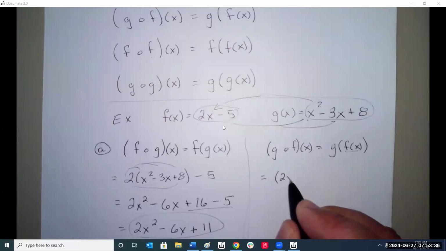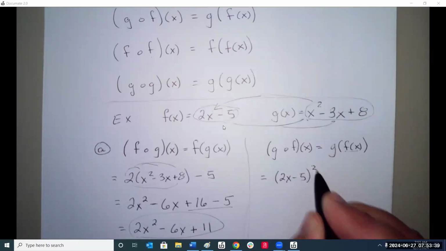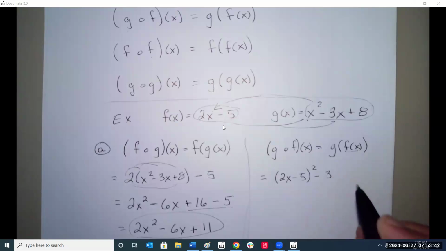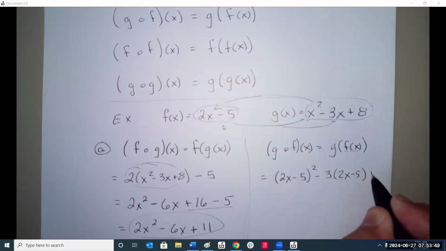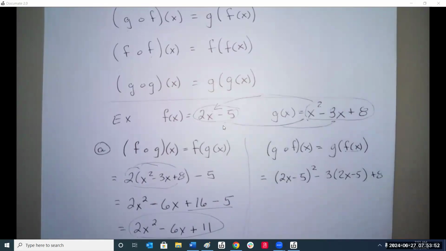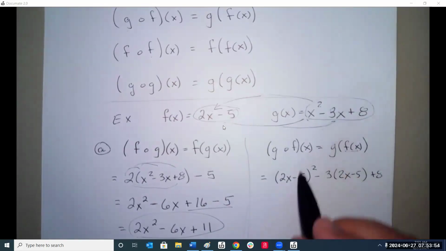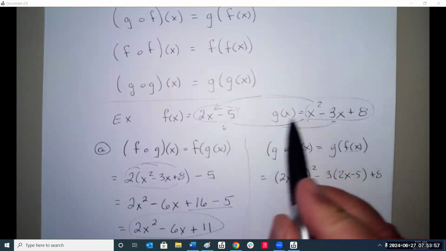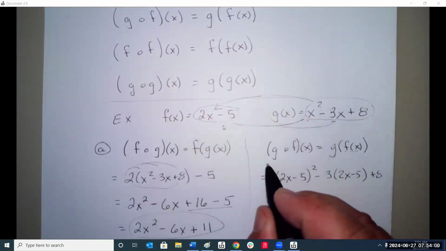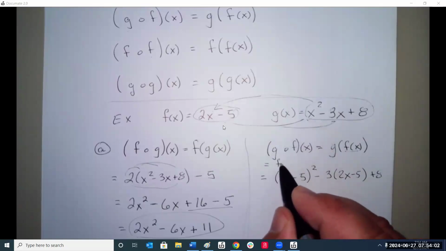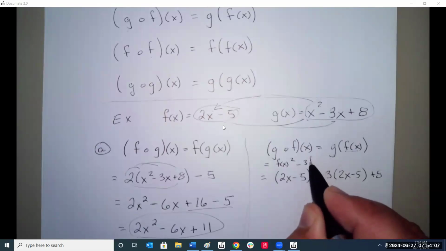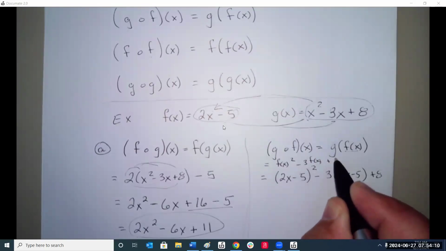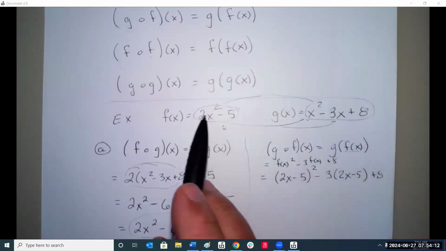So it's 2x minus 5 squared minus 3 times 2x minus 5 plus 8. Because remember, what this tells us here is in place of x, we put f of x. So we have f of x squared minus 3 f of x plus 8. So anywhere we're seeing f of x, we put that equation.